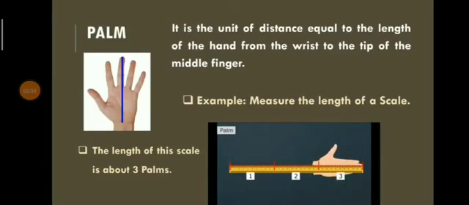Palm. It is a unit of distance equal to the length of the hand from the wrist to the tip of the middle finger. Students, let us measure the length of a scale. As you can see, the length of this scale is about 3 palms.